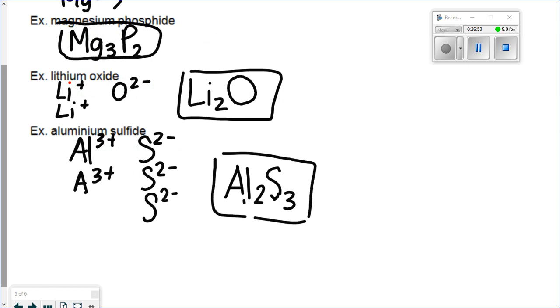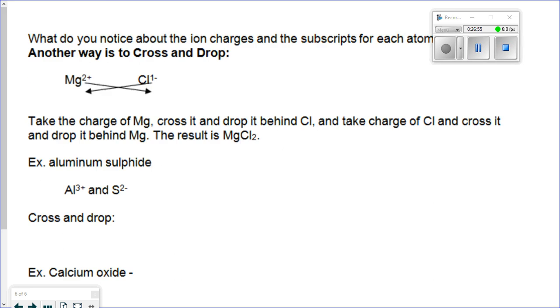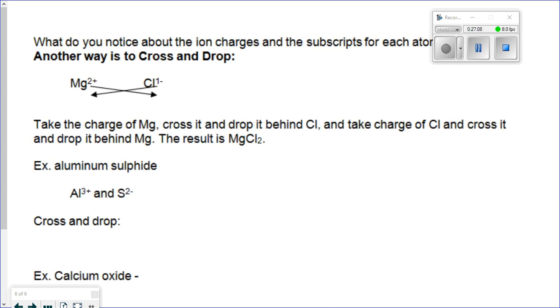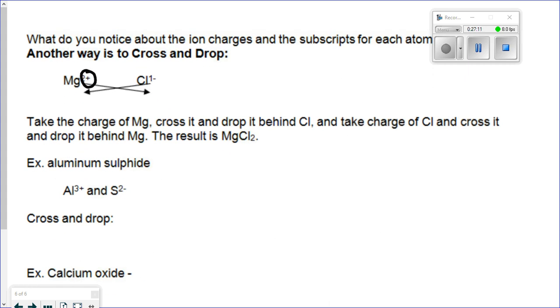So the stuff on the next page I actually don't really love, but some of you guys really respond to little tricks and stuff that you can do. So another way to kind of figure out the subscripts is just called cross and drop. When magnesium has a 2 plus charge and chlorine has a 1 minus charge, what you can do is switch those numbers as the subscripts.